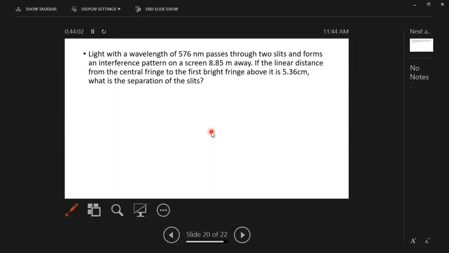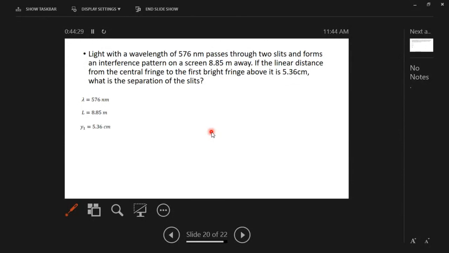So what do we have and what do we want to find? We know that the wavelength is 576 nanometers. We know that the screen is 8.85 meters away from the slits. And we know that this first bright fringe is 5.36 centimeters above the central fringe. That is actually Y1.